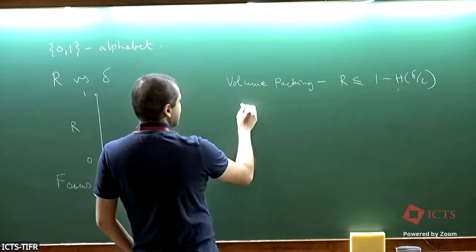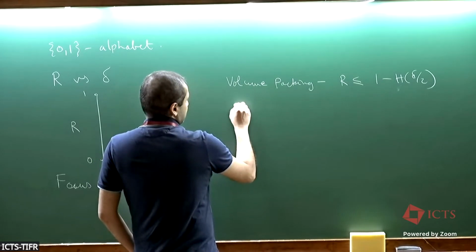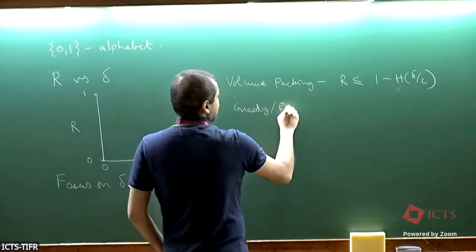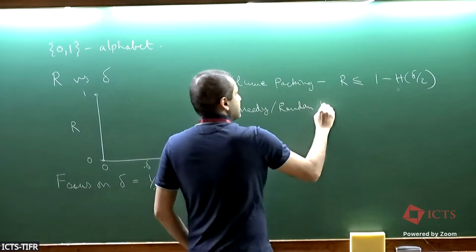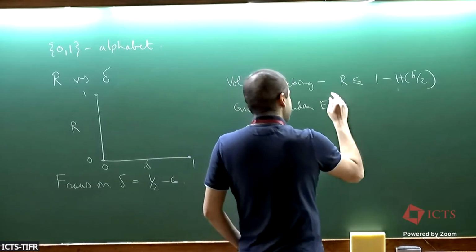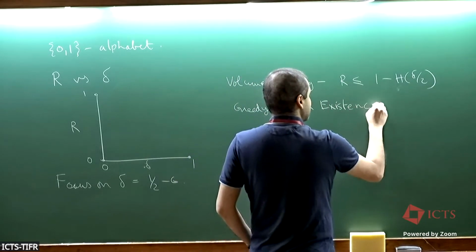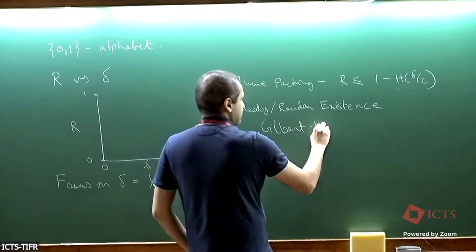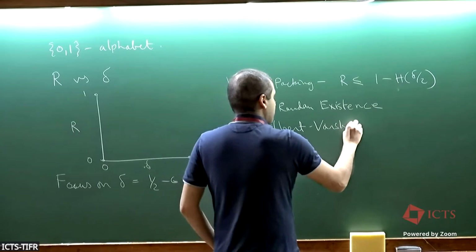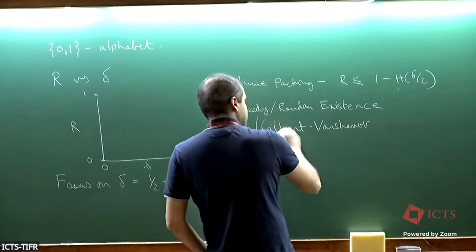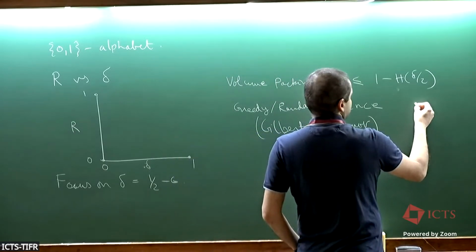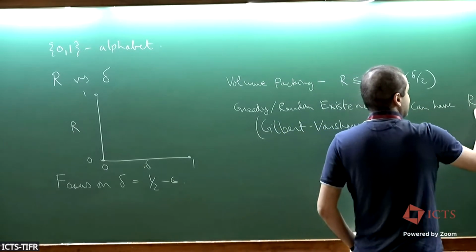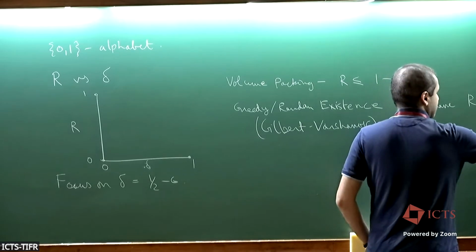Then there was the existence result, greedy or random existence. I should tell you this word. This is called the Gilbert-Varlamov bound, which says that you can have R being at least 1 minus entropy of delta.